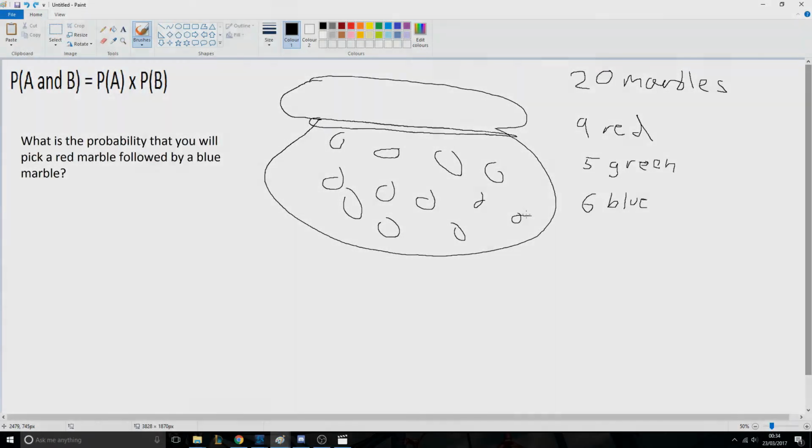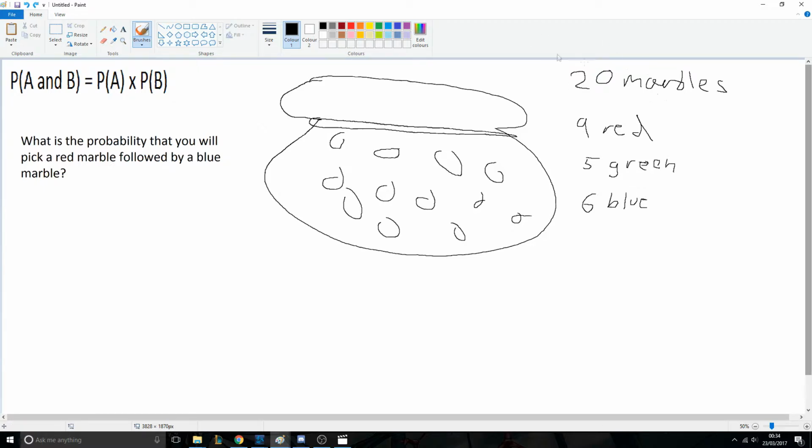Okay, so now we will try solving this question, and we will use this formula to help us. So in the question it says, what is the probability that you will pick a red marble followed by a blue marble? So here we have a bag of marbles.